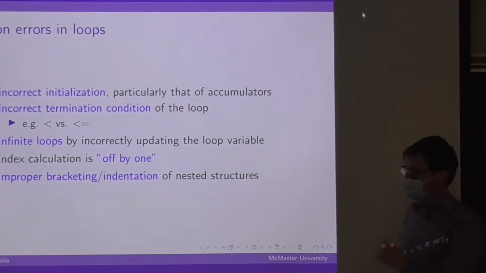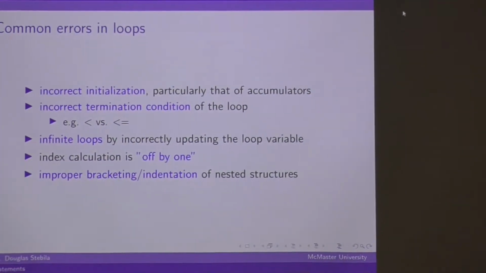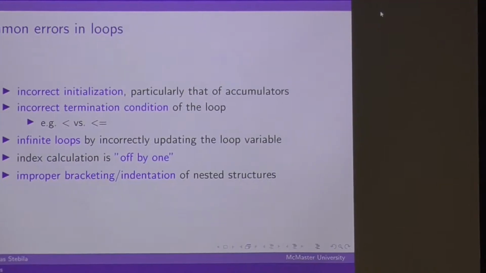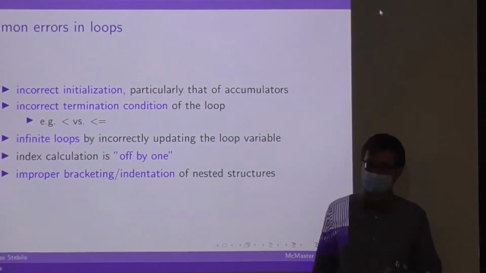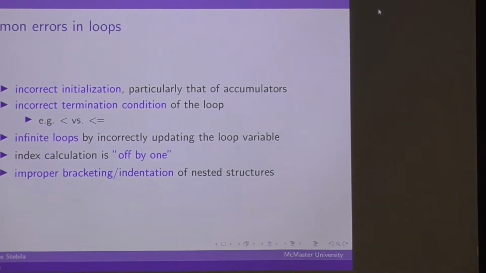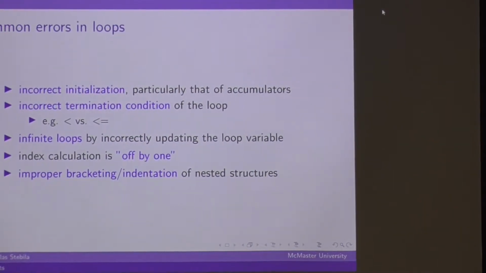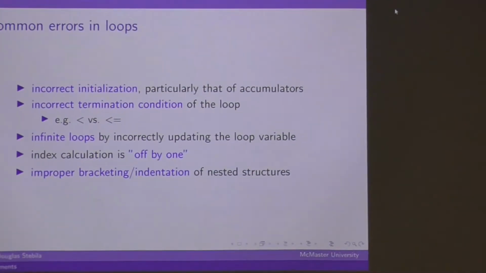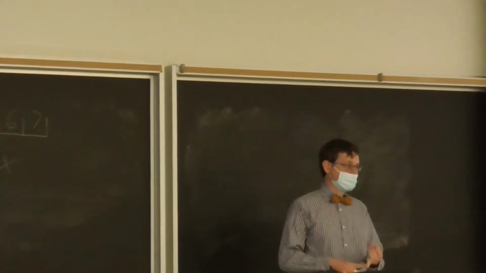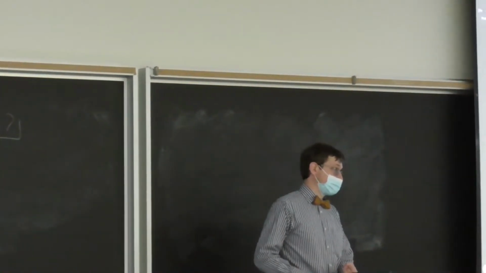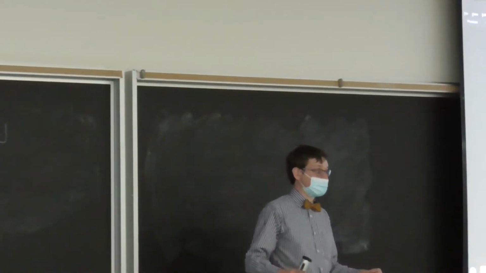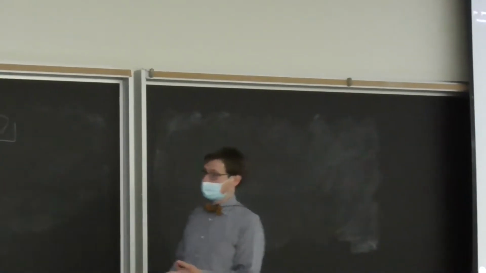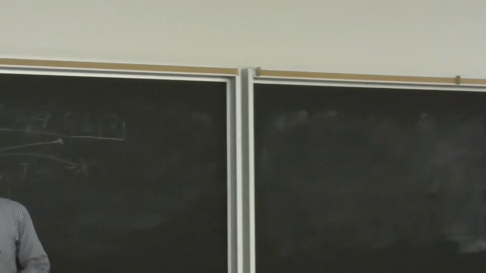Incorrect termination of the loop condition. Misplacing greater than and greater than or equals. Getting these confused and swapped around. Very, very common error. What this normally results in is your loop iterating one more time than it should, often creating an array out of bounds error, or an indexing error as it's called in Python.